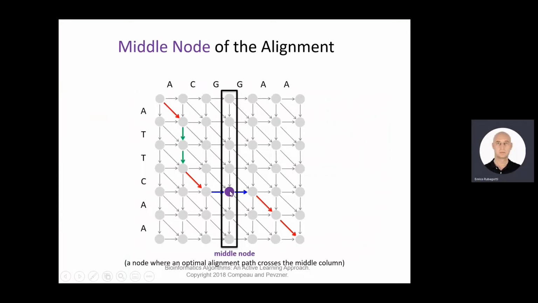In this case, I know that in column number 4, the third node from the bottom is the middle node, where an optimal alignment path crosses the middle column.